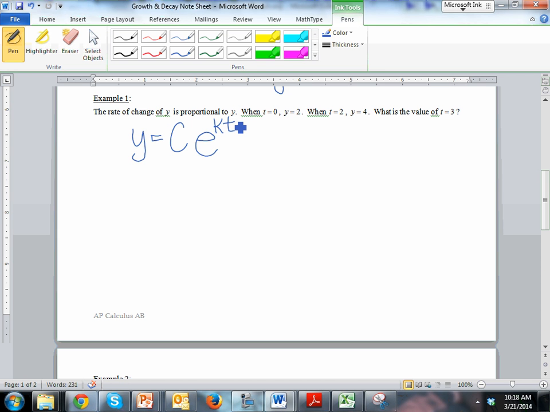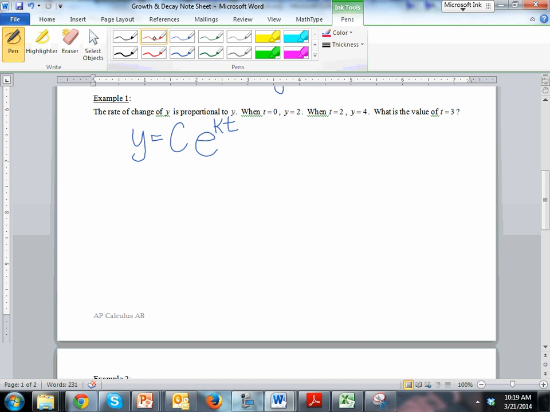What is the value when t is 3? Okay? Why did they give us that information? Find k. We need both the constant that's out in front and our constant that's going to tell us whether it's growing or decaying. Let's think about it. Are we growing or decaying? So k better be positive. All right. Easiest one to plug in first is when time is 0.